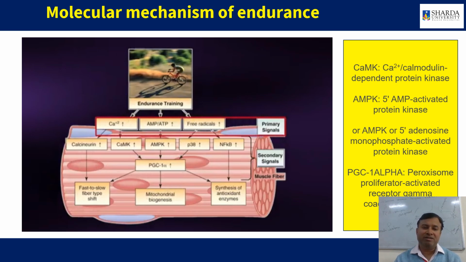That ultimately results in fast to slow type muscle change, mitochondrial biogenesis and synthesis of antioxidant enzymes. In this way, mitochondrial biogenesis will occur and the type of the fiber will be changed.